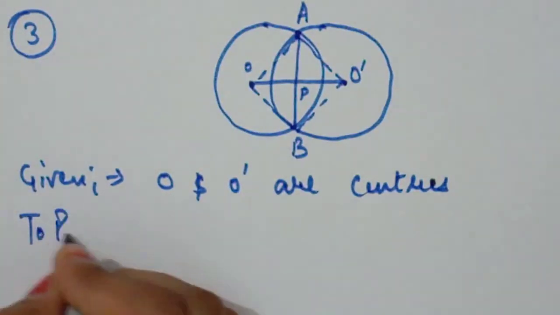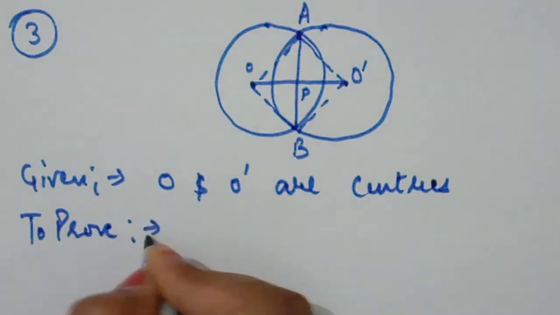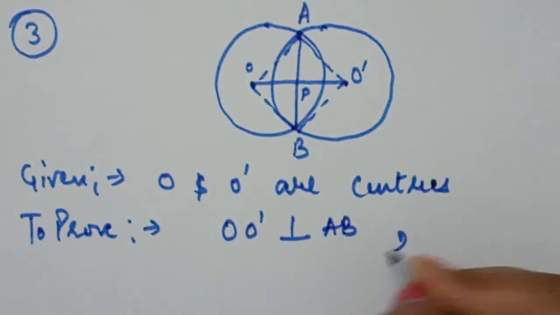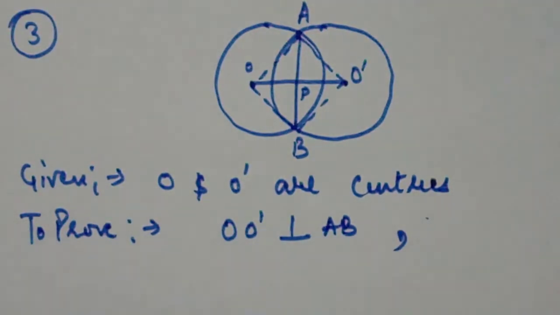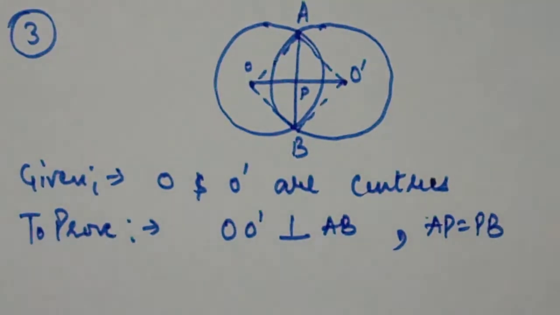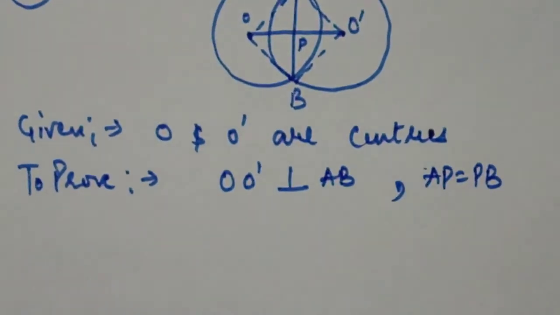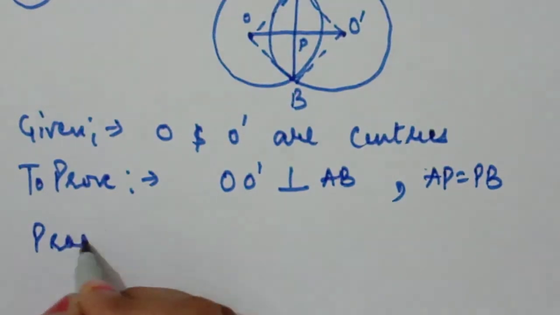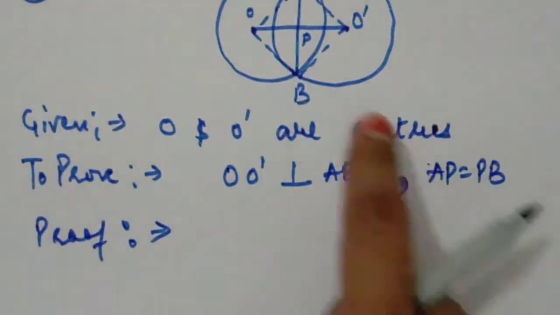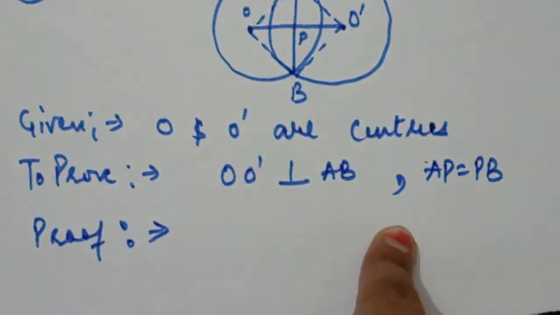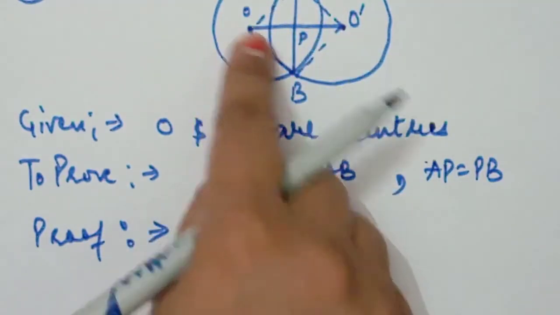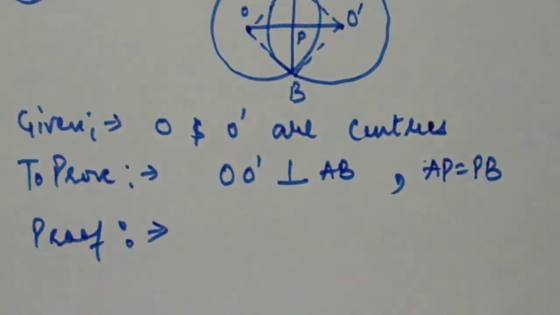To prove: OO dash is perpendicular to AB, and they said perpendicular bisector. It means we have to prove that AP is equal to PB also. We have to prove 2 things. So now the proof. First of all, you can show the construction part here also, that we draw joins OA, OB, AO dash and BO dash.